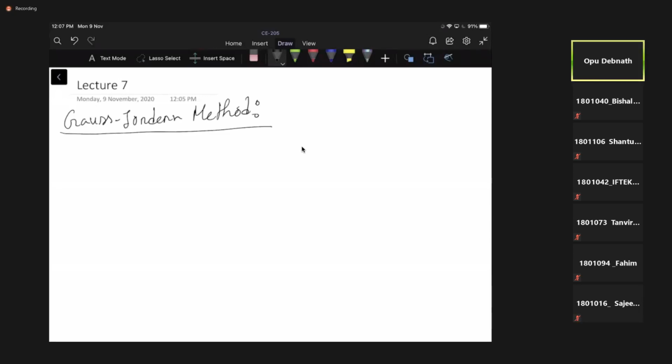Gauss-Jordan method. Actually, this method is the modified version of Gauss elimination, a method of elimination. Here we need to eliminate up to some extent level.